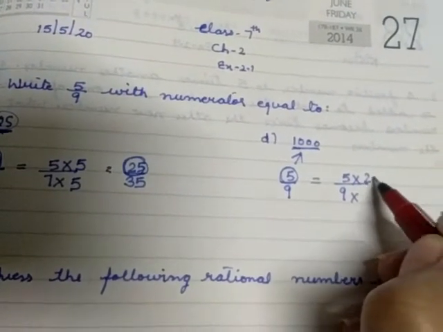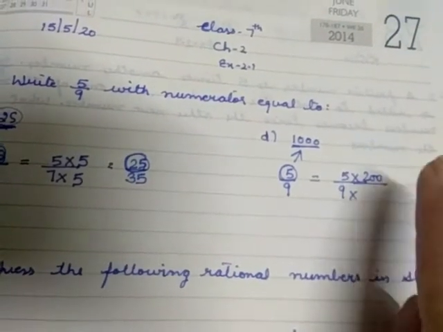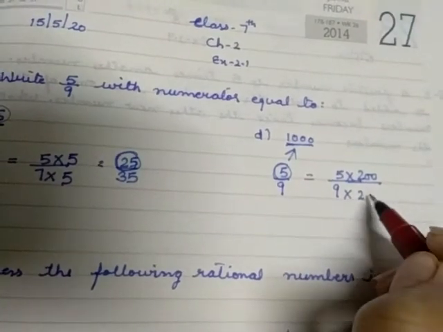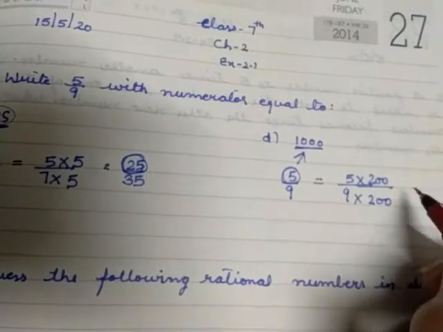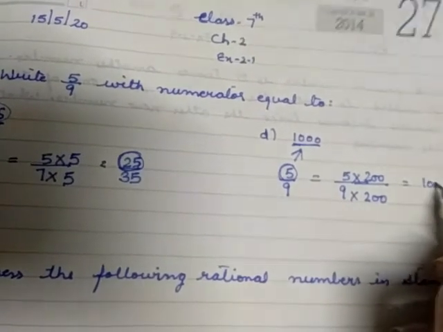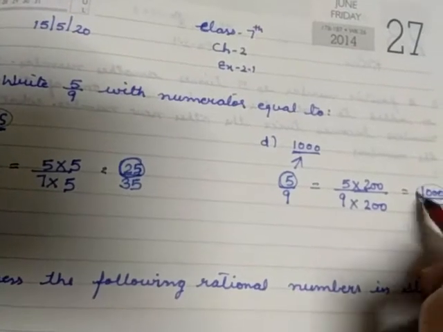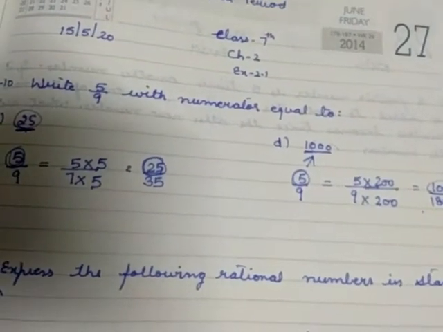It is 200, right? 200. So when you multiply 200 in the numerator, you have to multiply 200 in the denominator. So the final answer is 1000 upon 1800. So the numerator is the same as the given number, so it is your answer.